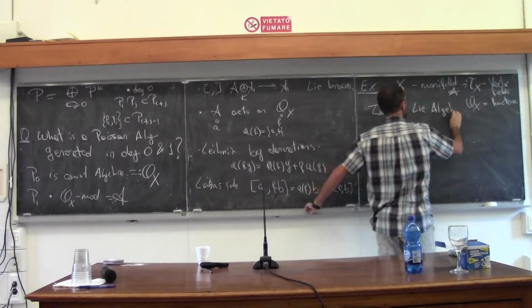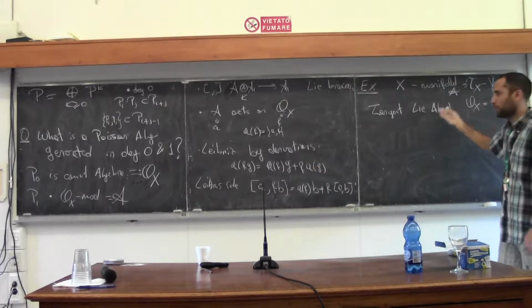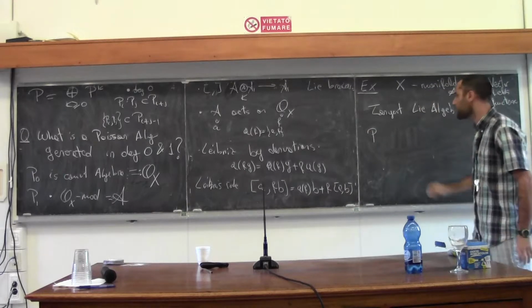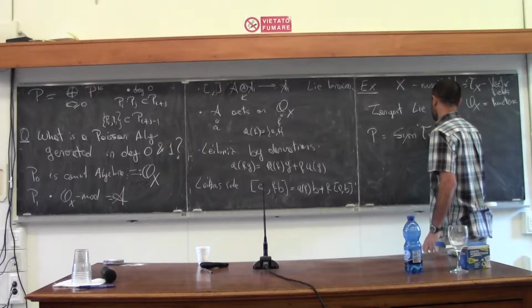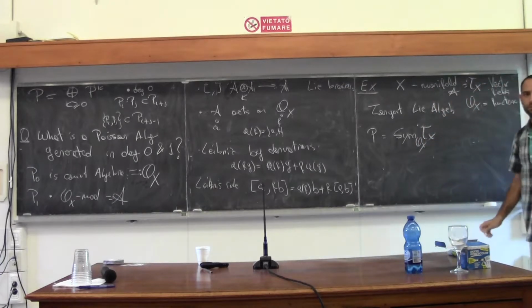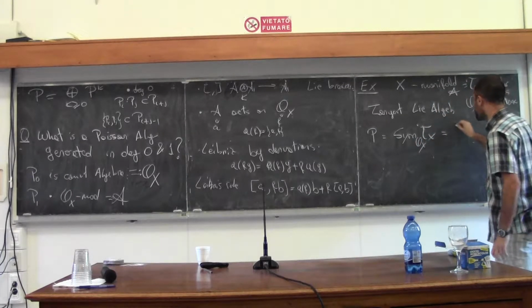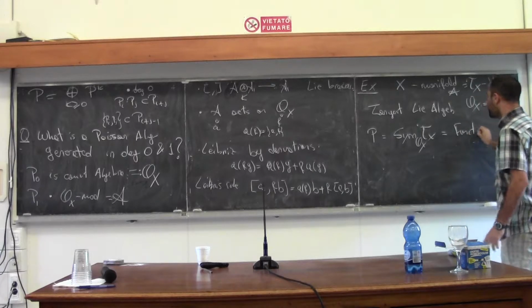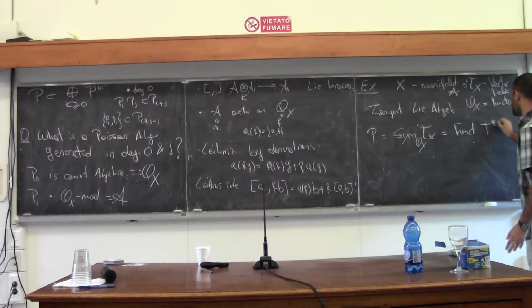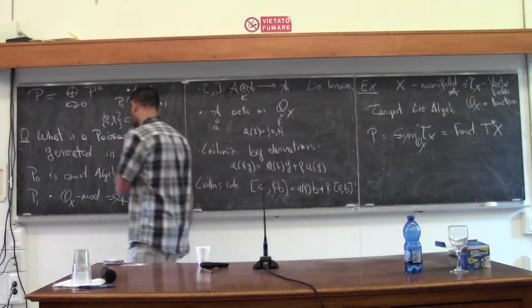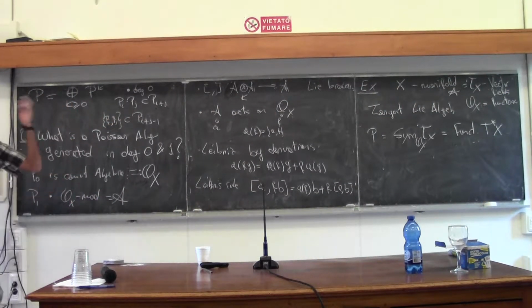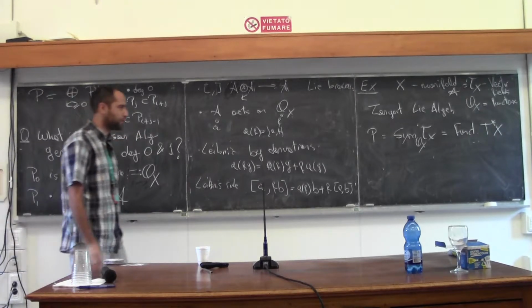And what is the algebra freely generated by this? The Poisson algebra freely generated by this is the symmetric algebra on T_X, which is the algebra of functions on the Poisson manifold T star of X. It's a symplectic manifold, it has a Poisson bracket, and that's it.